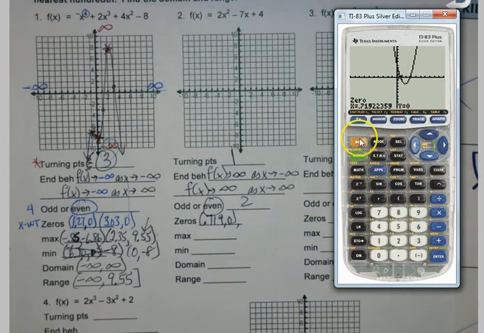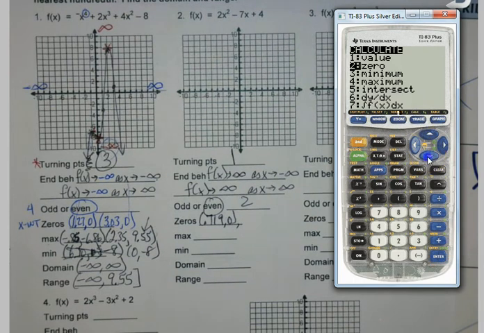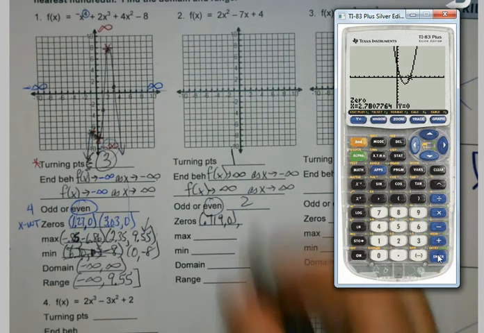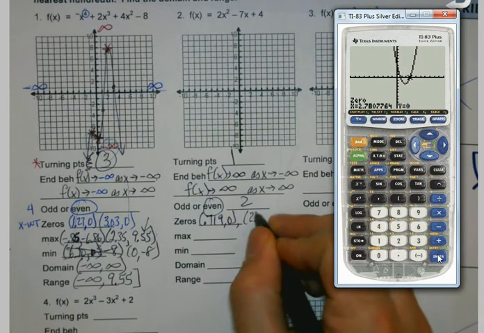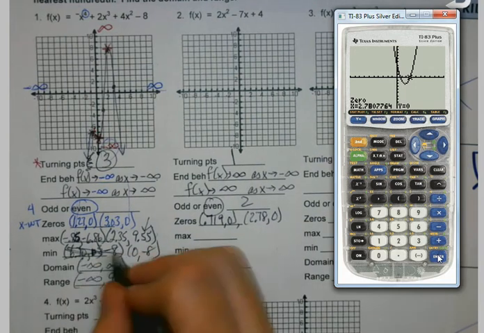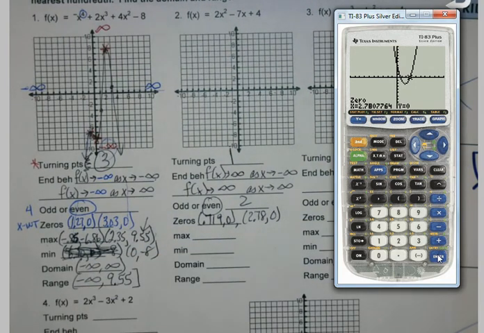Then it looks like I got one more over here. So to the left of my point, to the right, and 2.780. Okay, and I see there were only 2 of those, so I'm good there.